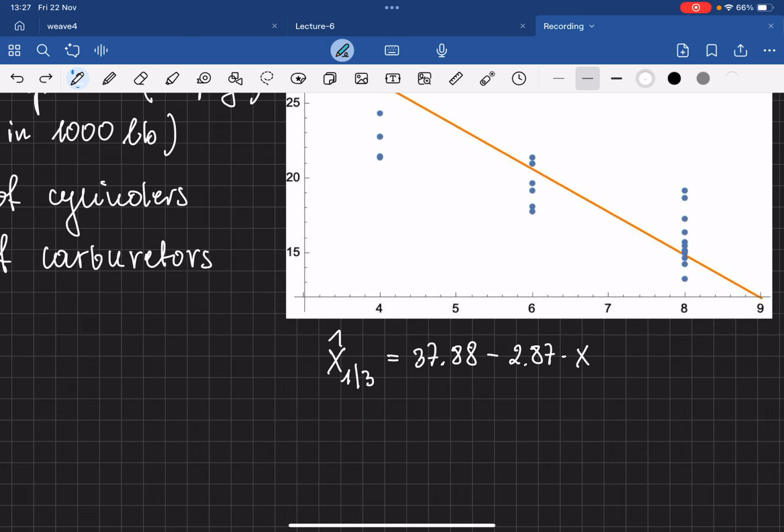So you can see that with every additional cylinder, the number of miles we can drive using 1 gallon of gas decreases by almost 3. And the strength of this dependence, expressed in R coefficient, is 0.73.